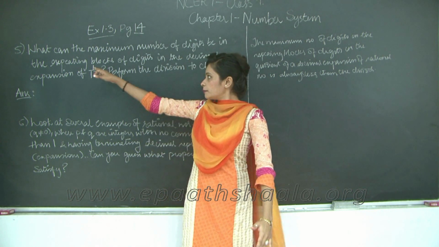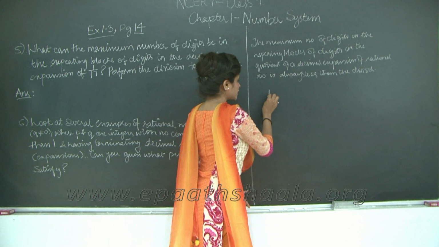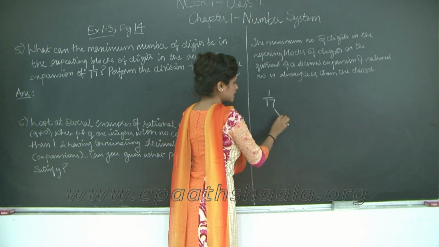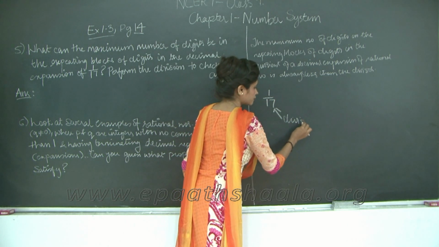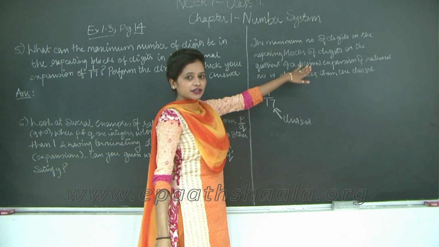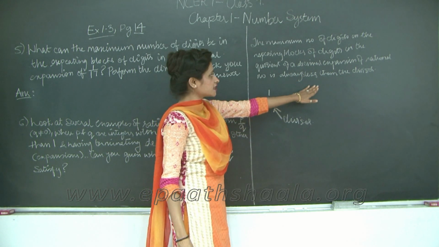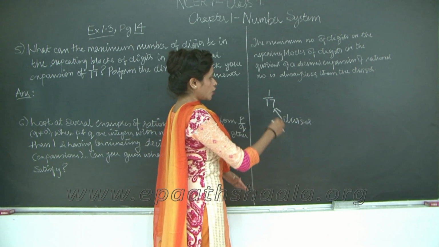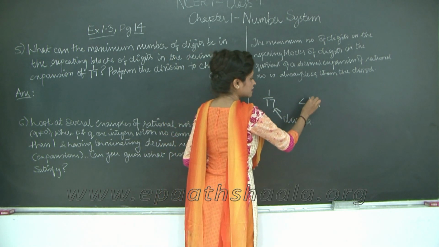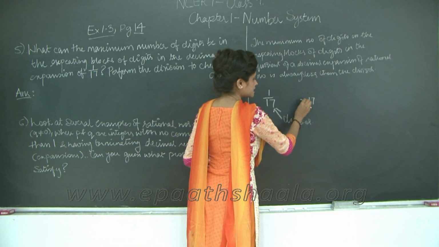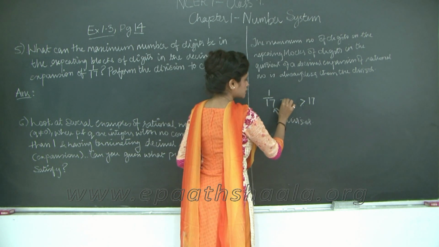So here my divisor is 17. My fraction is 1 upon 17. So 17 is my divisor, right? Now as per this, the maximum number of digits in the repeating blocks of digits of the quotient of this rational number will be less than 17.